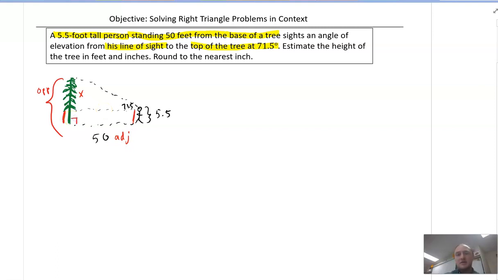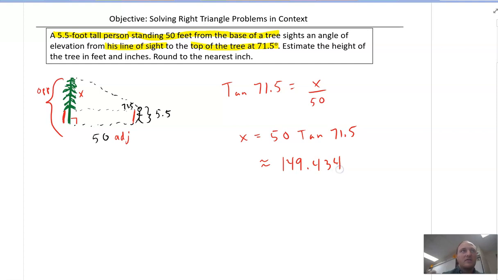So can't I go ahead and use tangent? Sure can. Tangent of 71.5 is equal to x over 50. So thus x is equal to 50 tan 71.5, which gives us approximately 149.434 feet.